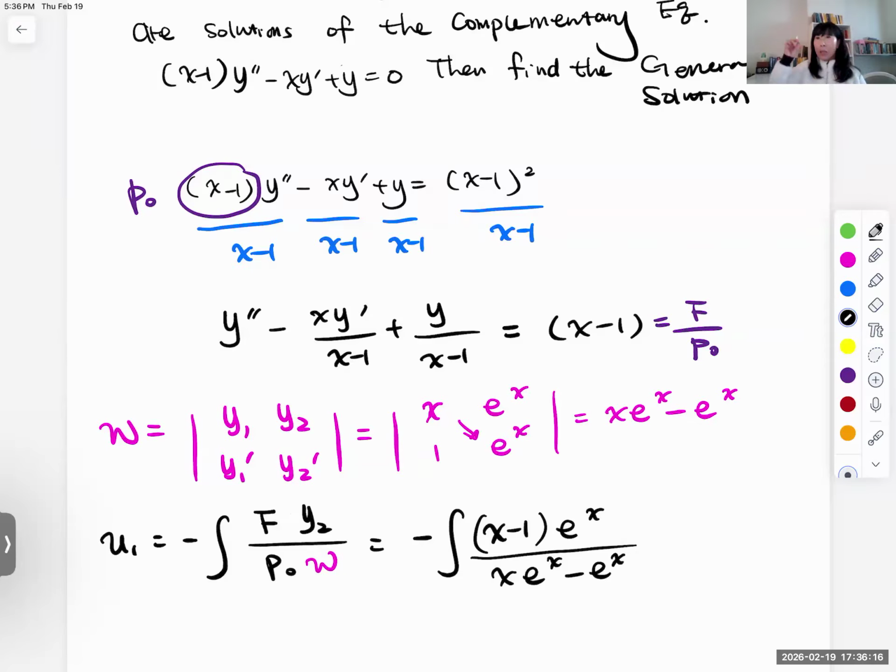Now we can simplify this one, right? So we can factor out e to the x, x minus 1. Let's use that so that we can simplify here. So we will get e to the x power. Easy, right?